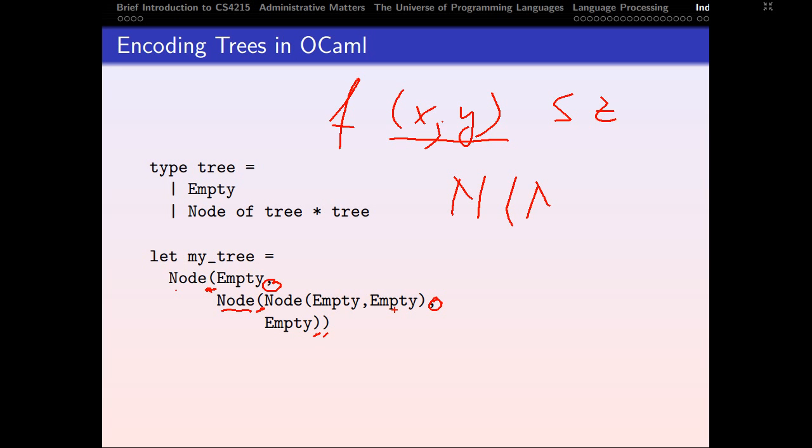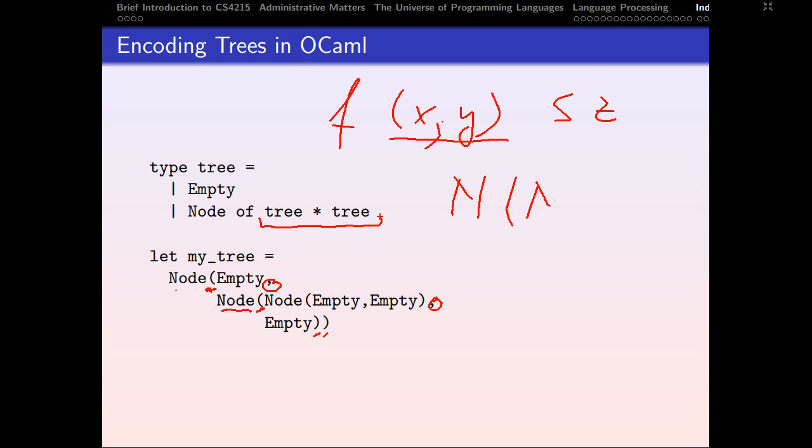Okay, so in the type definition, we have to say that the recursive element is actually a pair of trees. And this is how we denote the type of a pair. So something like (1, 2), a pair containing 1 and 2, will have the type int star int.